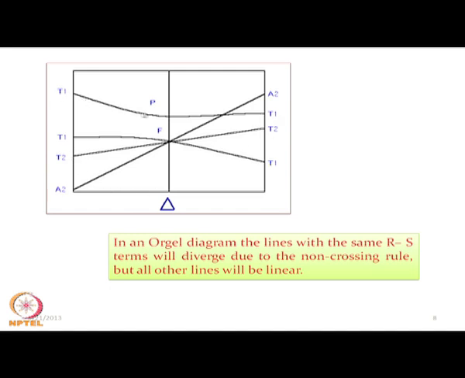The lines for T1, one is originating from the P term and another is originating from the F term. They diverge due to the non-crossing rule because they will not cross. They will repel each other and just have the divergence. But the other lines in the Orgel diagram, that means the line for T2 and the line for A2, these two are linear. So, we will have the linear line as well as the bent line in this diagram.